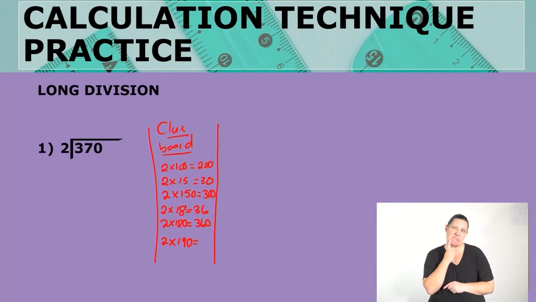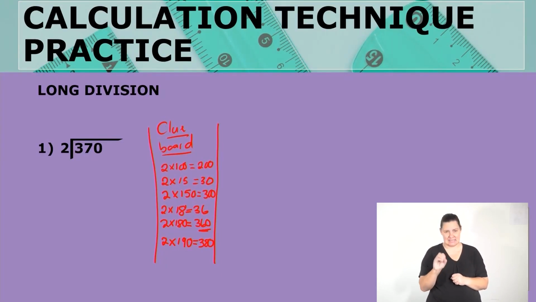So 2 multiplied by 190 is 380. But that is too big for us. So let us stick with the 360. So 2 multiplied by 180 gives us 360.